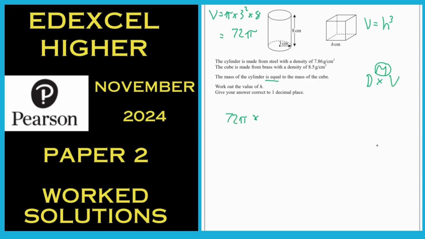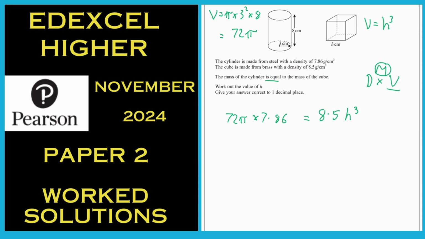The density of the cylinder is 7.86. And this is equivalent to h cubed, the volume of the cube, multiplied by the density of the cube.